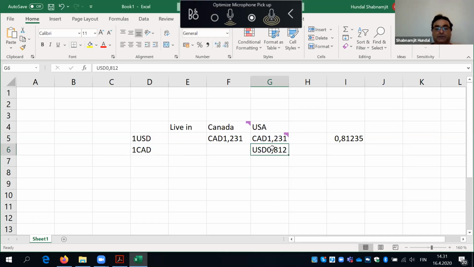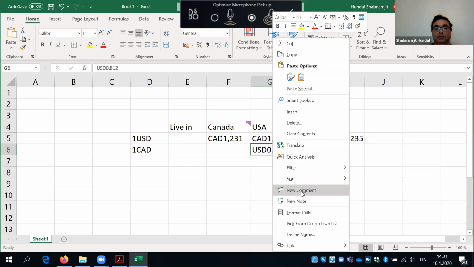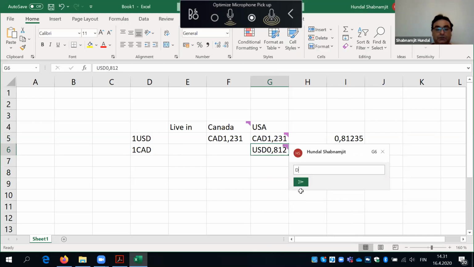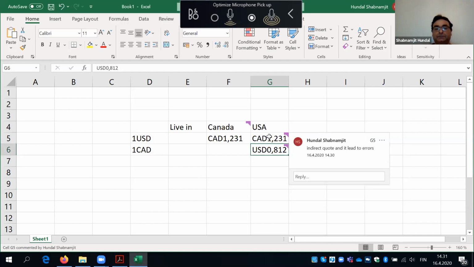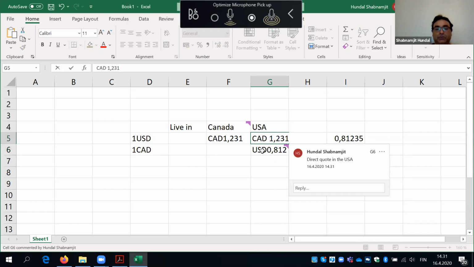So this is the direct quote in the US. Why is it a direct quote? Because in the US, the Canadian dollar is an alien currency, and you make all the payments in American dollars.